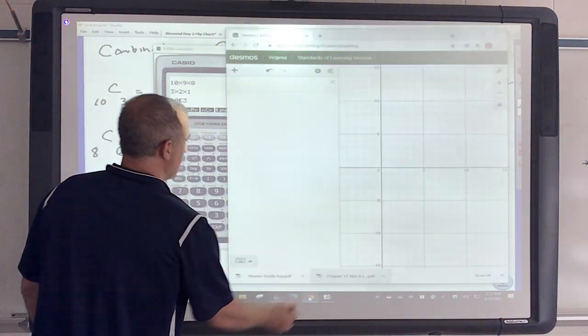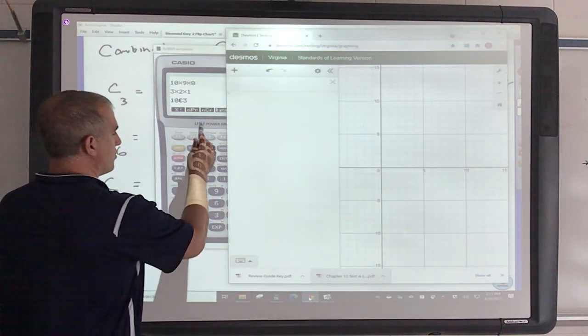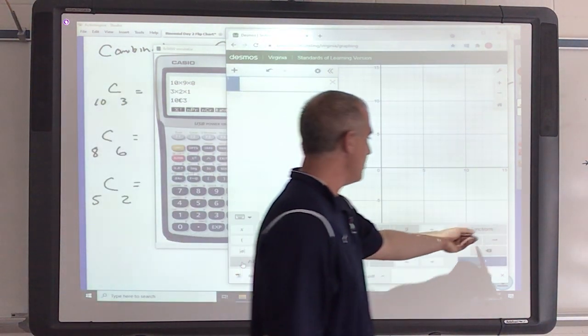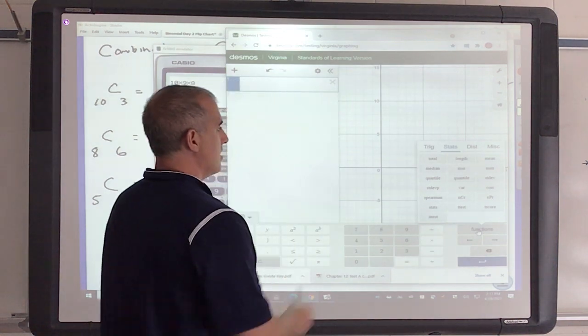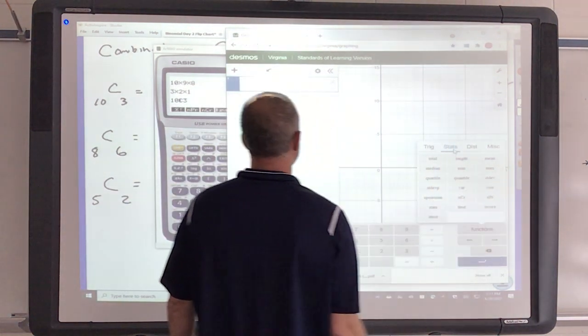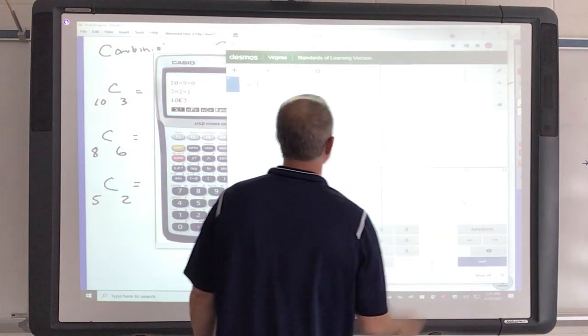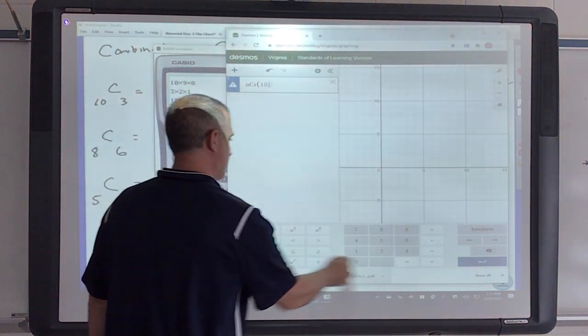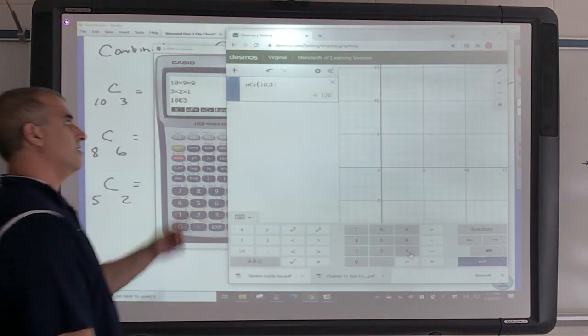If you don't have that calculator, what you do is go into Casio, hit Functions, then Stats, and select NCR. Now, all you've got to do is type 10, comma, 3. You get the 120.